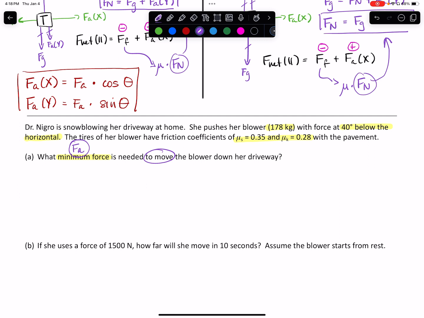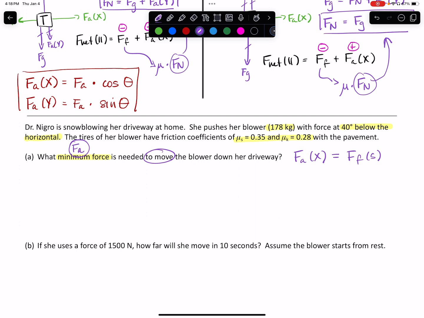So that means I'm trying to figure out what FAX is, because if that is equal to the static frictional force, then the blower is going to move. Now why is it FAX instead of FA? Because FAX is the portion of the applied force that's directly opposite friction. So you need to pay attention to your drawings. There's a reason we have you draw these things. And if you try to do it without the drawing, then you're going to make some mistakes.